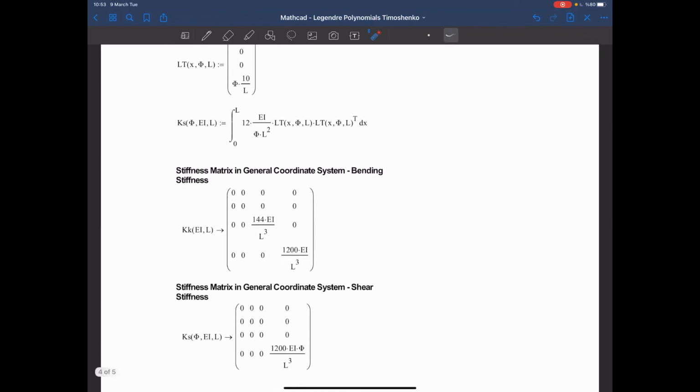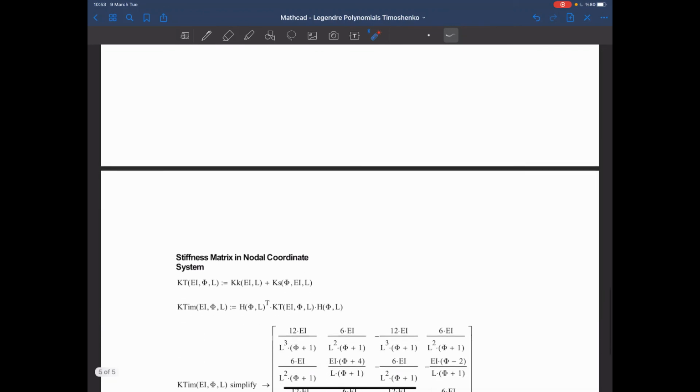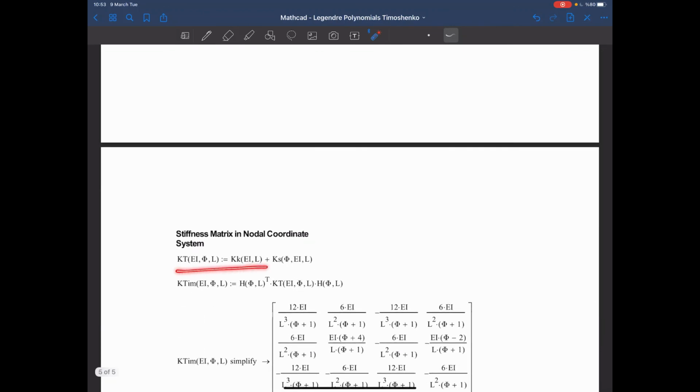So the bending stiffness is the same. That's our bending stiffness coefficients. They are exactly the same as the Bernoulli-Euler beam. But in addition to that, we have an additional stiffness due to the shear deformations. So in our derivation, we saw that the element stiffness matrix is nothing but the summation of these two matrices. So here I sum them up.